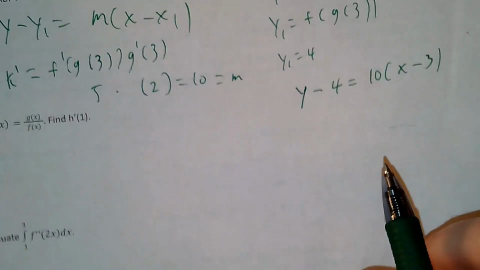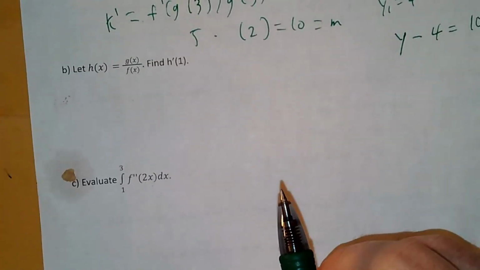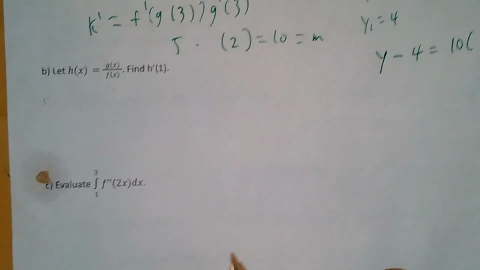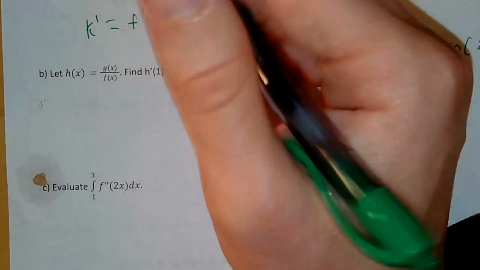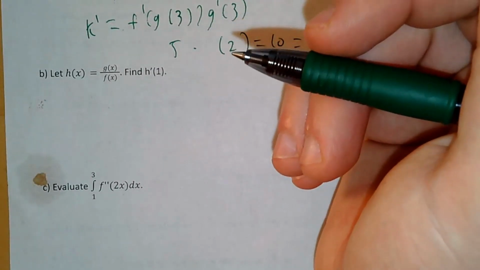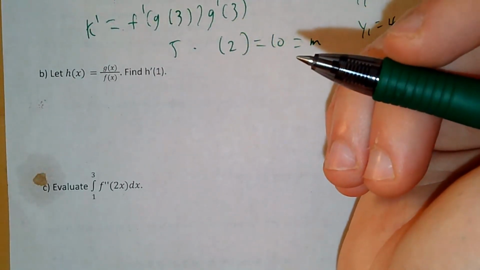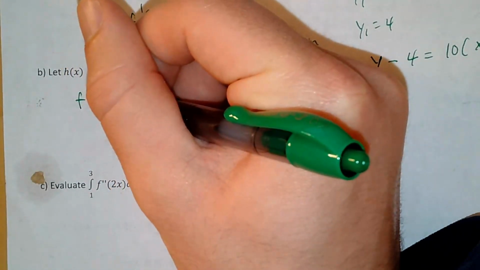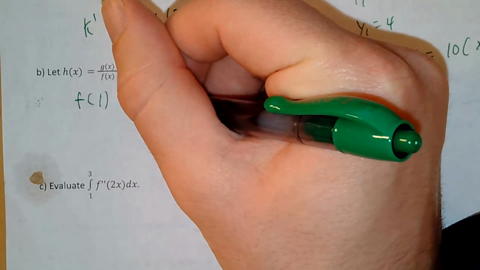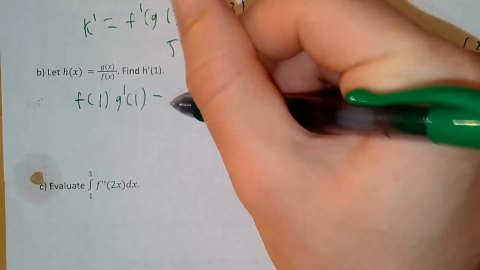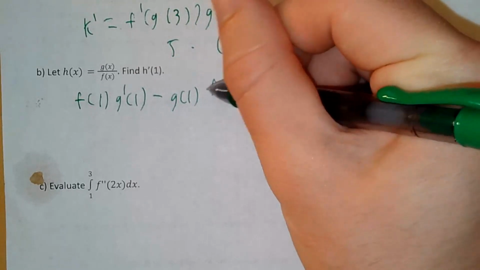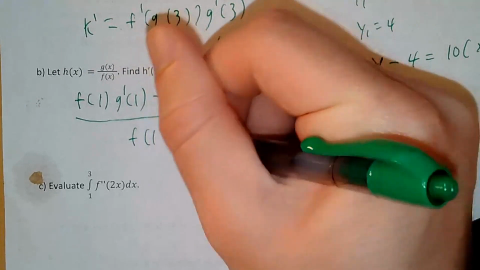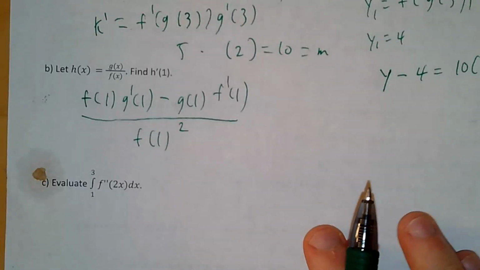Next, this is very similar. This is b here. We have h of x equals g of x over f of x. Sorry, this is quotient rule. So quotient rule says it's going to be f of 1 g prime of 1 minus g of 1 f prime of 1, all over f of 1 squared. Weirdly, I think this is kind of strange.